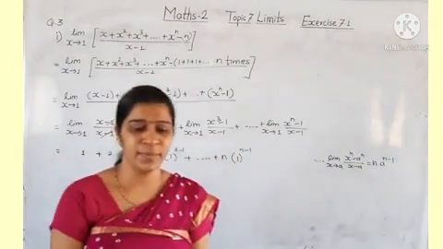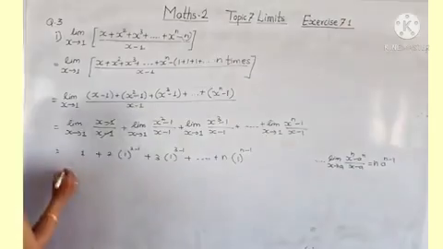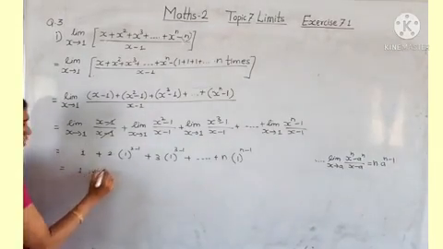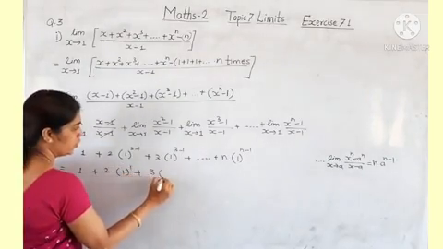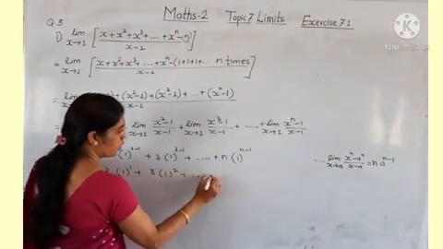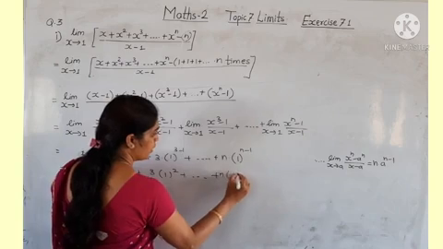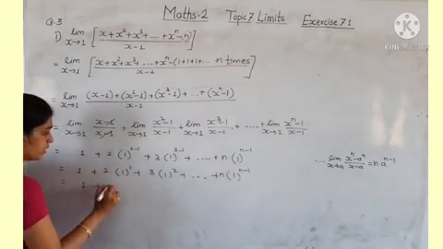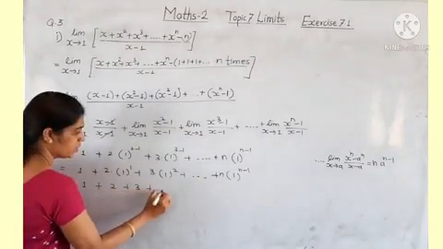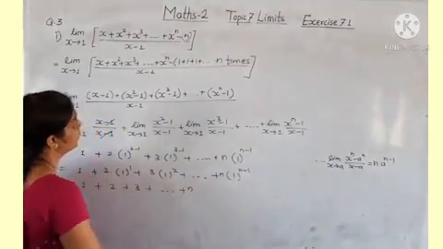Okay, understand this step? Now we write it as 1 plus 2 into 1 raised to 1 plus 3 into 1 raised to 2 plus dot dot dot plus n into 1 raised to n minus 1. That is, we write it as 1 plus 2 plus 3 plus dot dot dot plus n.